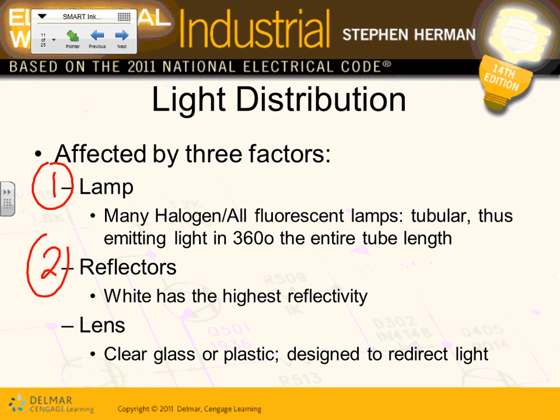It shoots it right in the front. So there are so many ways of directing the light. And the lenses they use could absorb some of your light: clear glass or plastic designed to redirect the light. These are what make your luminaire, your lighting fixture.